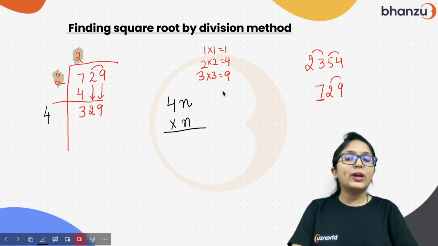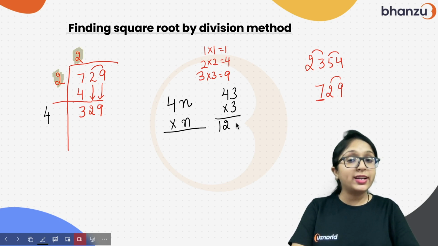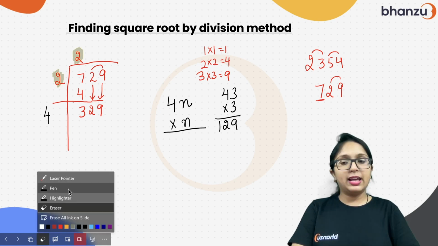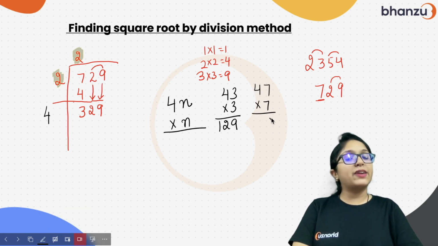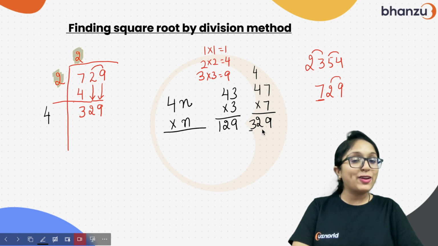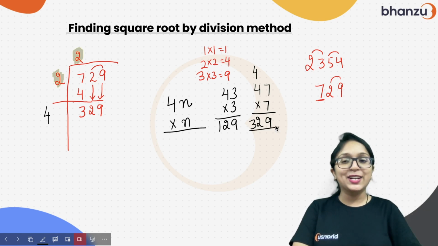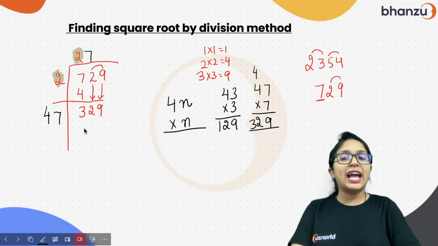Okay, so I will check with 43 times 3. If I check it, I am going to get 129, which is actually less. And the next one that I am going to check is 47 times 7. 7 times 7 is 49. 9 here, 4 here, 7 times 4 is 28 plus 4 is 32. So wow, I have gotten 329. So I will be writing 7 over here, 7 over here, and I will be writing 329 here.